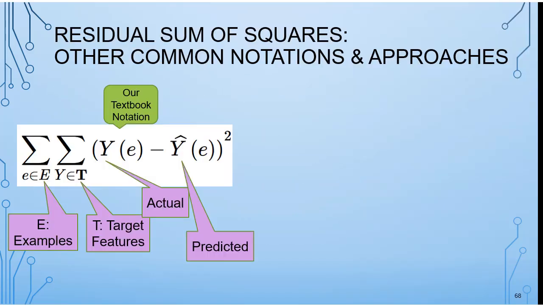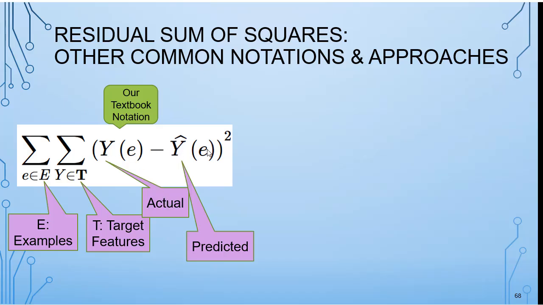If you're looking at the textbook, which I hope you are, you should understand the notation from the textbook as well as what we've been talking about. So they use y hat of a given example to mean the predicted value, and y of e is the actual value that we had.